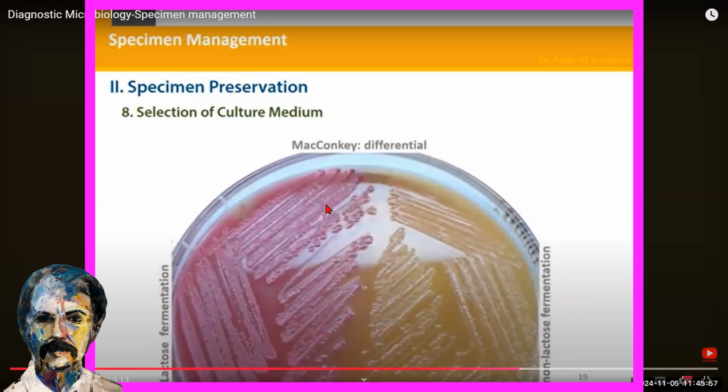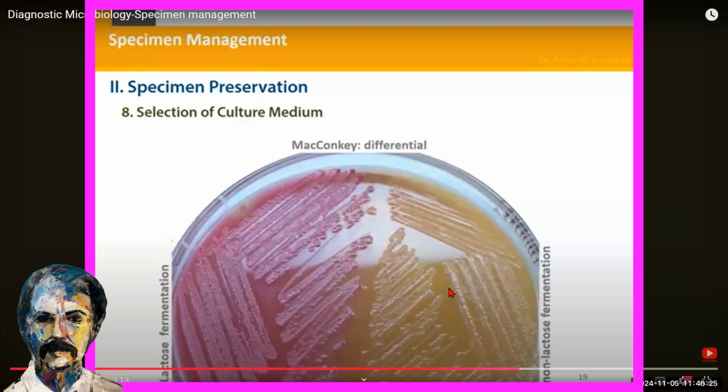Look here, McConkey. On this side here, it's pinky. Why? Because the bacteria, which might be Klebsiella pneumoniae or might be Escherichia coli, it has utilized lactose. And after utilizing lactose, what happened? Acid is produced. And this acid has changed the pH indicator, which is a neutral red, from yellowish or colorless into pinky.